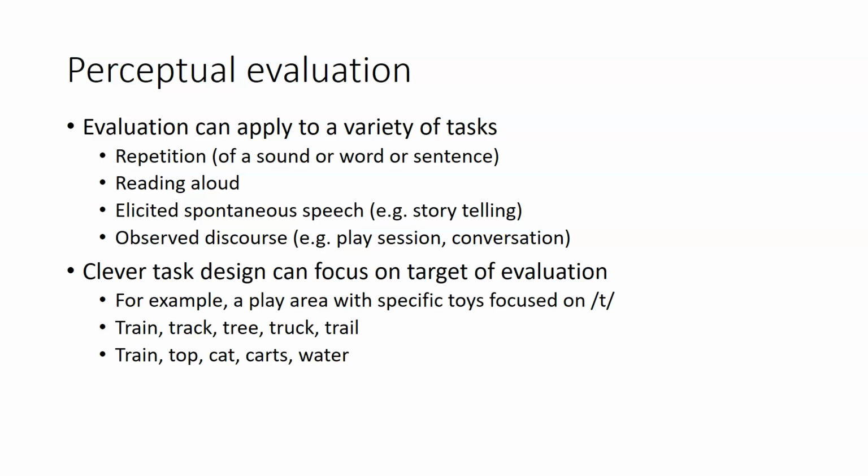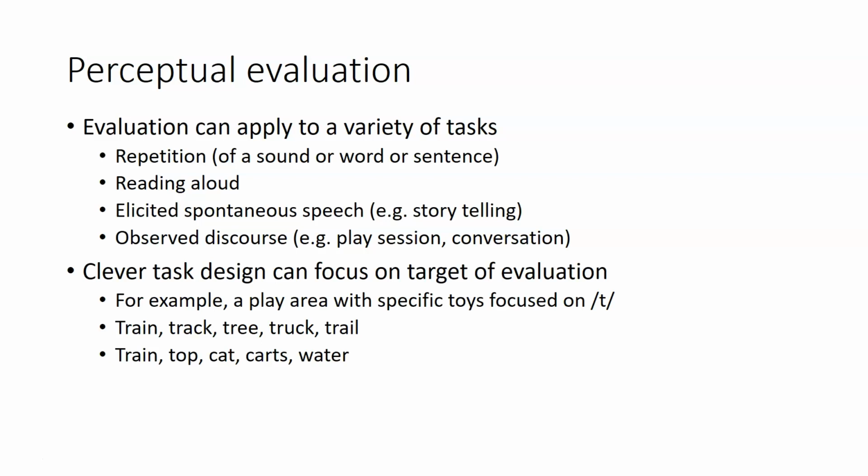So for example, you can show them a picture of a scene and ask them to tell a story. And you can also observe what's going on in discourse. So for a child, for example, putting them in a play session, or for an adult client, having just a general conversation with them and noting their speech production.